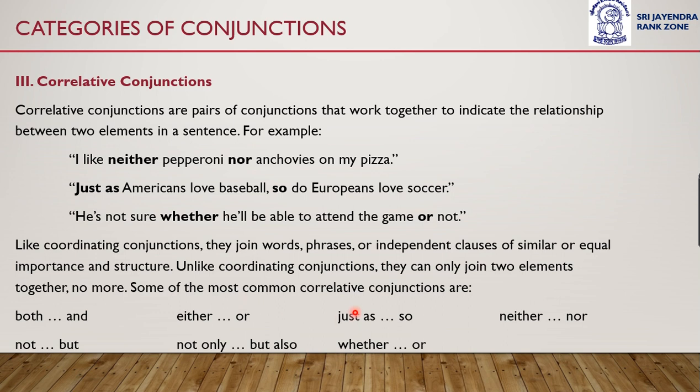Some of the common correlative conjunctions are: both and, either or, just as so, neither nor, not but, not only but also, whether or. All these are correlative conjunctions and they are used together in a sentence. Not only must also be followed by but in order to be used as a correlative conjunction. All right.